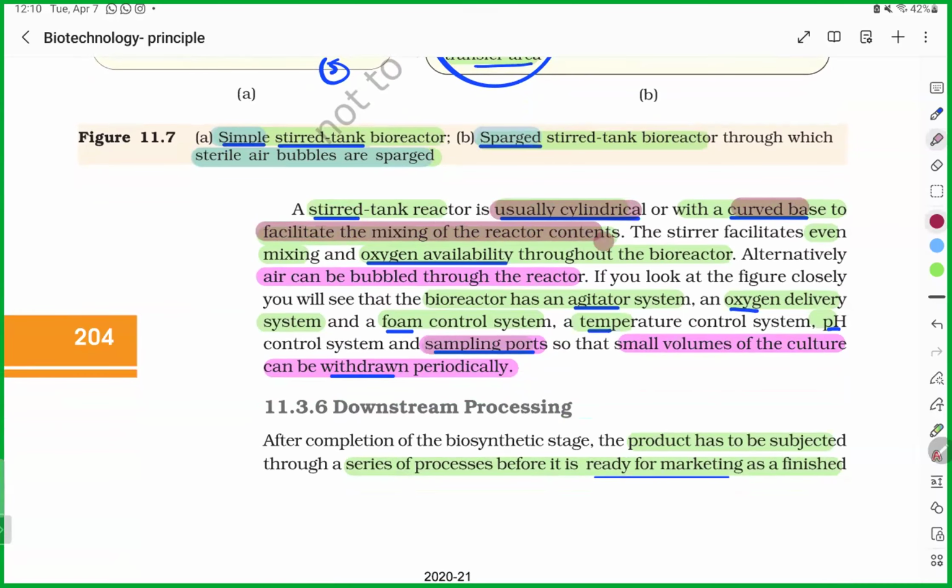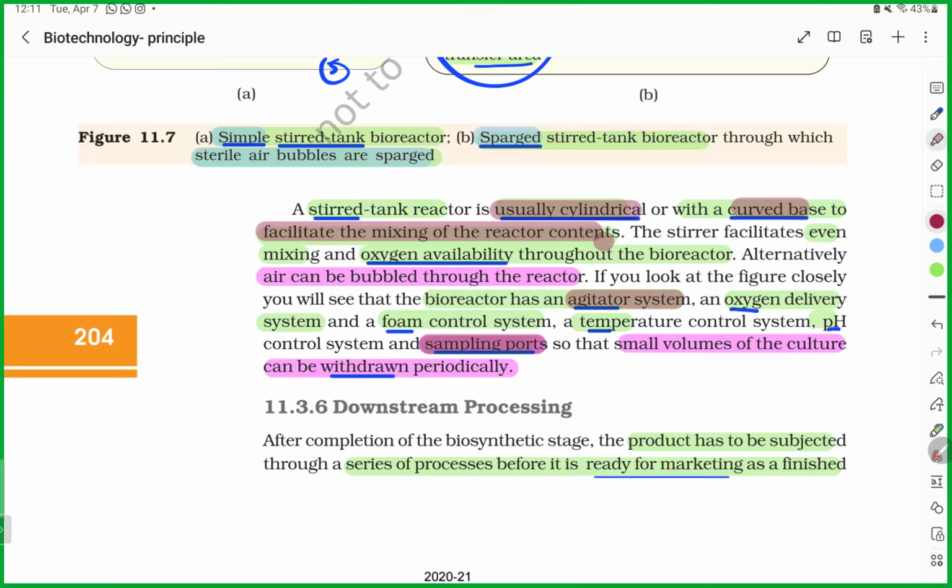Example, if you remember a cold drink, there are a lot of air bubbles. Same thing. Correct? So the bioreactor has an agitator system for mixing, oxygen delivery, foam control, temperature control, pH control, and a sampling port, because you want to check the sample to see that everything is working perfectly. Is there any issue?